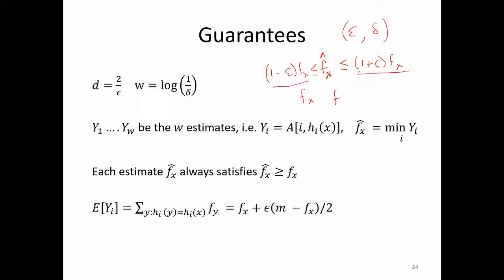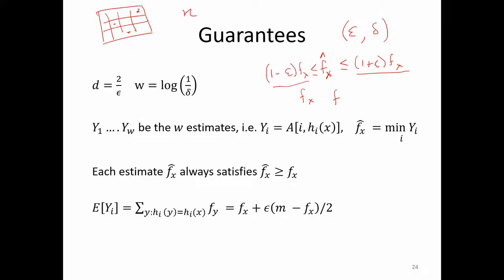You can see why, right? Every time you look at the matrix and you look at all the cells where x is being mapped, all the cells are getting updated when x is there.